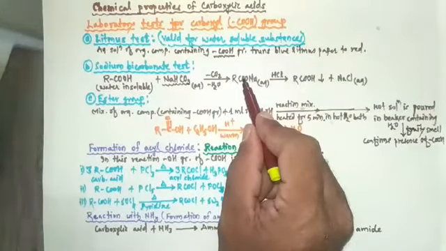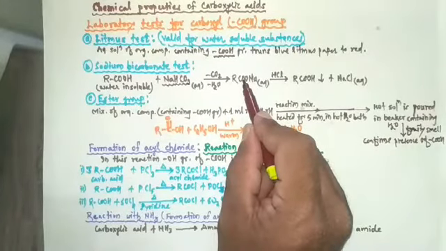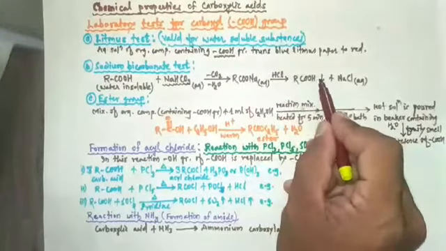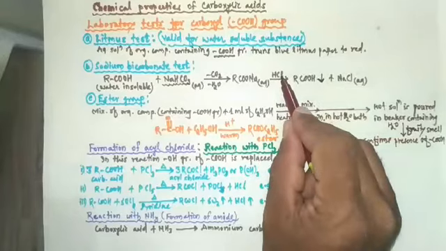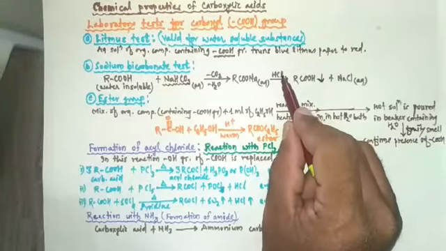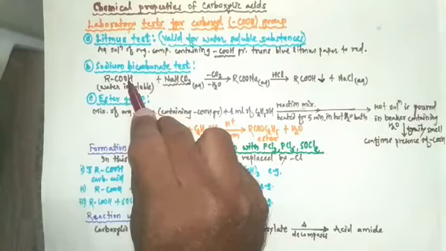The water insoluble acid goes into solution and gives a precipitate on acidification with concentrated HCl. So this indicates the presence of a COOH group in an organic compound.